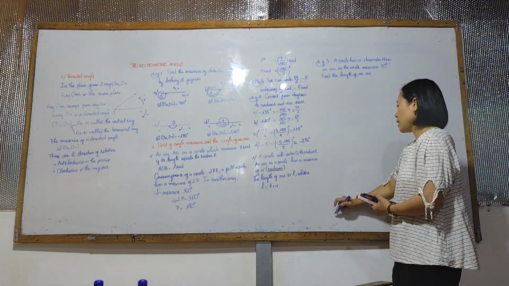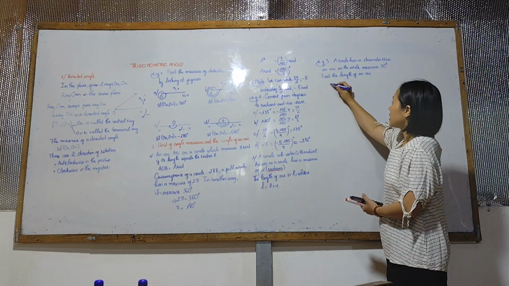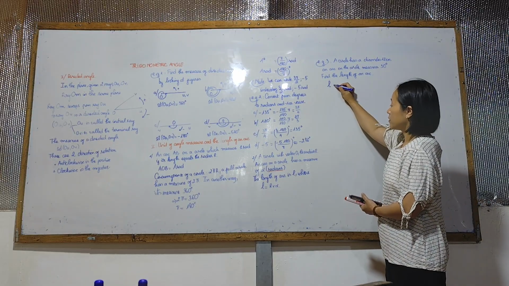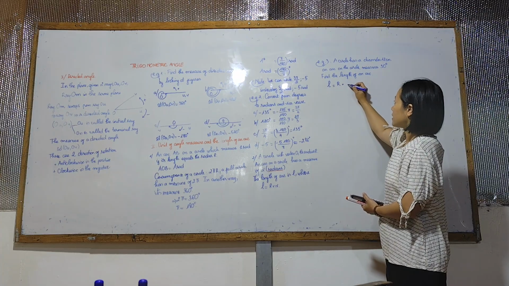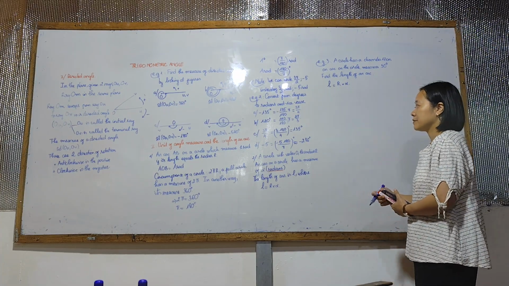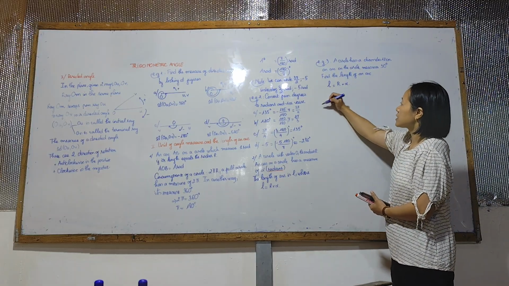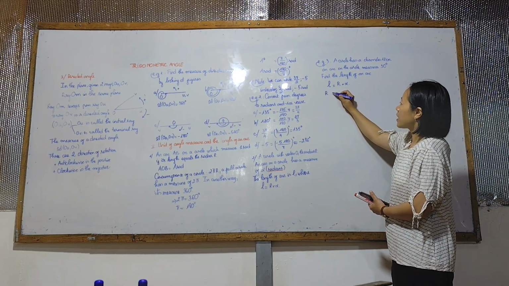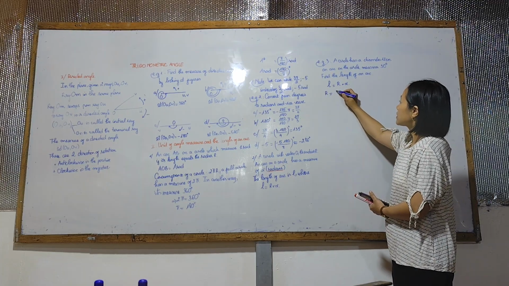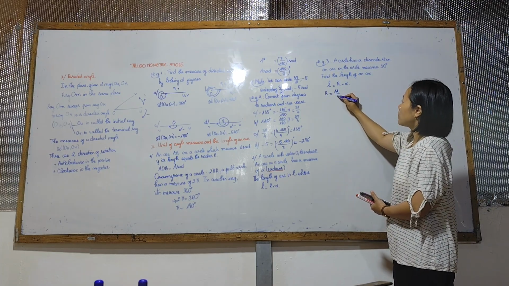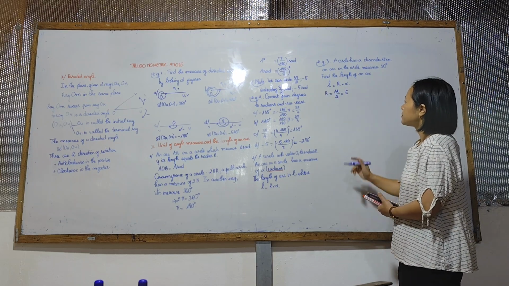So, by using this formula, L equals R times alpha. Step 1: we find the radius, which equals 12 over 2 equals 6.